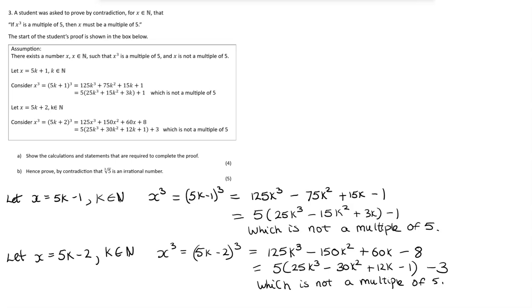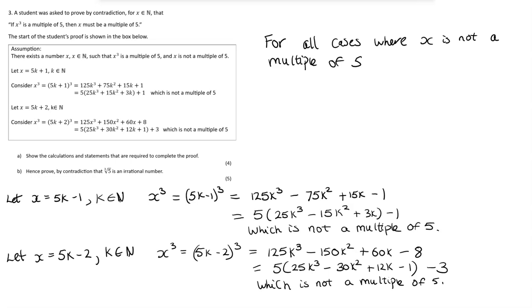Obviously in your exam, don't write all over the place. Make sure you write this below. So for all cases where x is not a multiple of 5, and this is why we didn't do 5k, we're just showing where x is not a multiple of 5. That was part of our assumption.